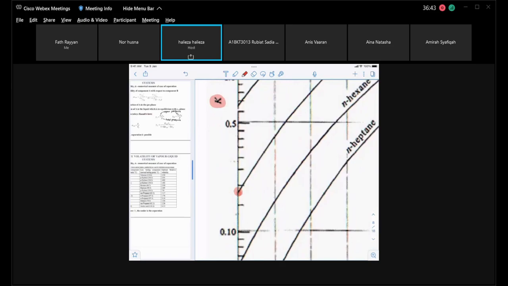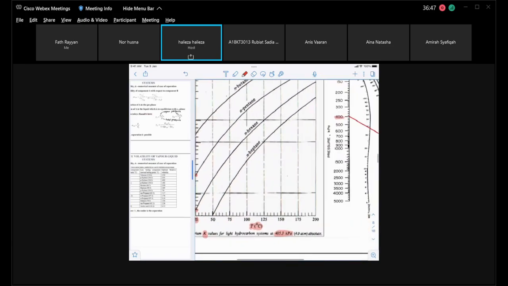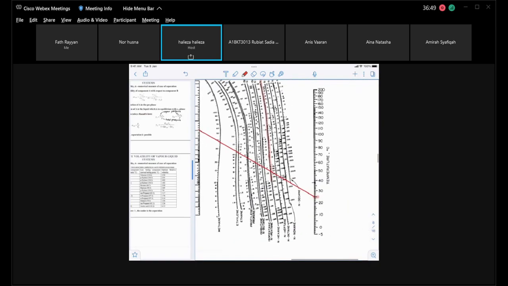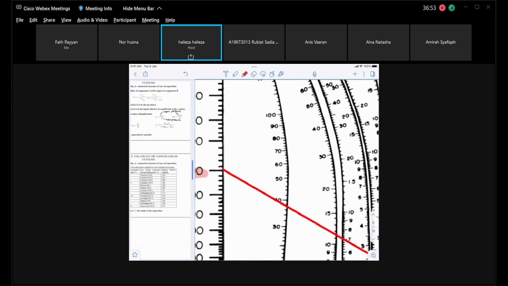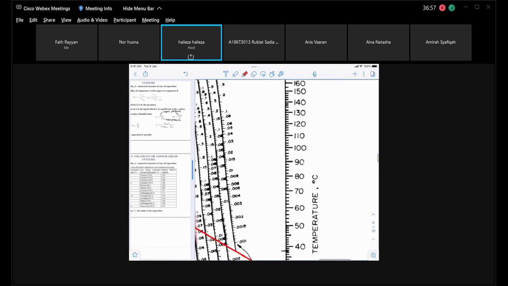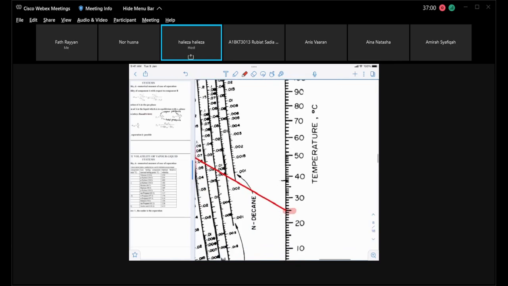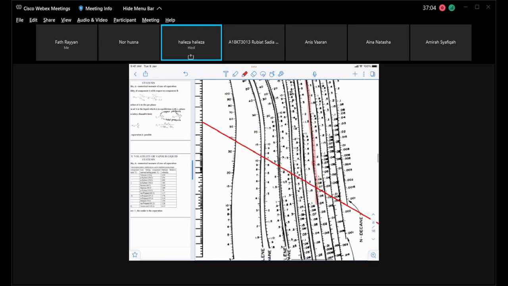Nobody will get the same value. The same thing with the graph over here. Nobody is going to get the same value because, first of all, you have the scale on the left hand side and the pressure scale, and then you have the temperature scale, which will add up to the error, and the next part is the K value itself.